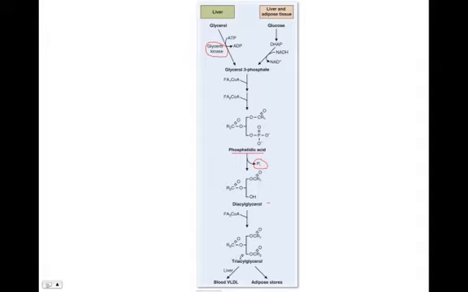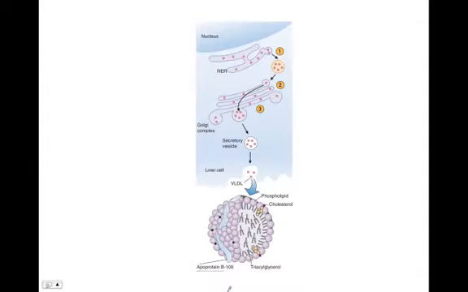Remember, these molecules are lipid-soluble and require carriers in the bloodstream. The synthesis of VLDL particles is similar to the synthesis of chylomicrons. So the synthesis of our VLDL particles takes place in the liver.